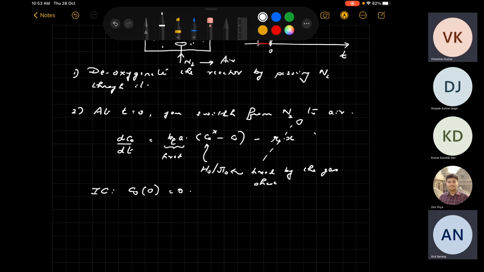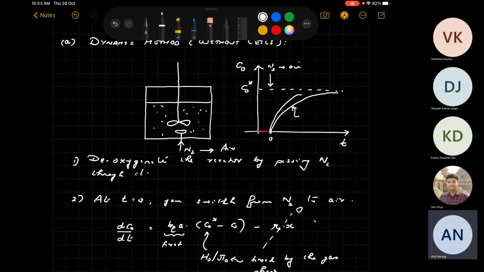That's it. So if you solve it, it will give you that CO is reaching CO star exponentially, right? Initially it will rise. The slope has to become smaller and smaller because initially CO star minus CO will be very large, since CO is equal to 0. But as CO builds up, CO star minus CO will become smaller and smaller, because the concentration difference is getting smaller, and ultimately the rate of change will be equal to 0.